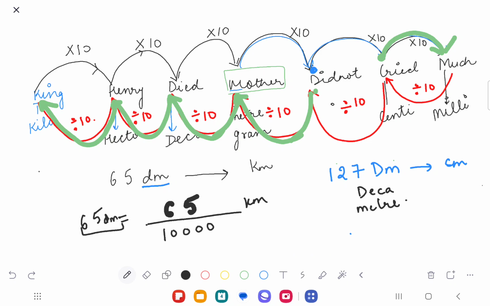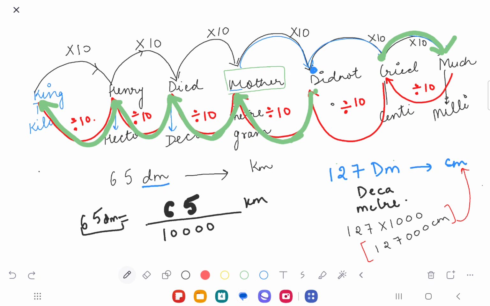So 3 steps. So to multiply or divide this time? Multiply. So 127 times 1000, because it is 10 times 10 times 10. So 127,000 centimeters, isn't it? How difficult is that? Easy. Simple.